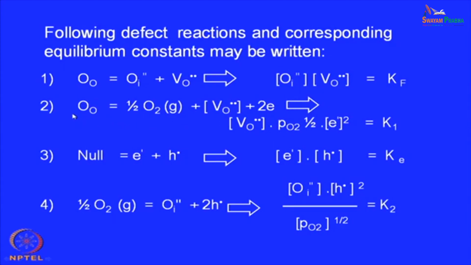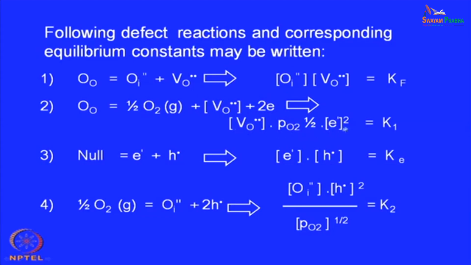Whenever an oxygen vacancy is generated as a result of the reaction between the atmospheric oxygen and the oxygen within the solid, then we write this equation. Oxygen at the oxygen site, or the lattice site, goes out as oxygen gas. As a result, oxygen vacancy is created and 2 electrons get released.